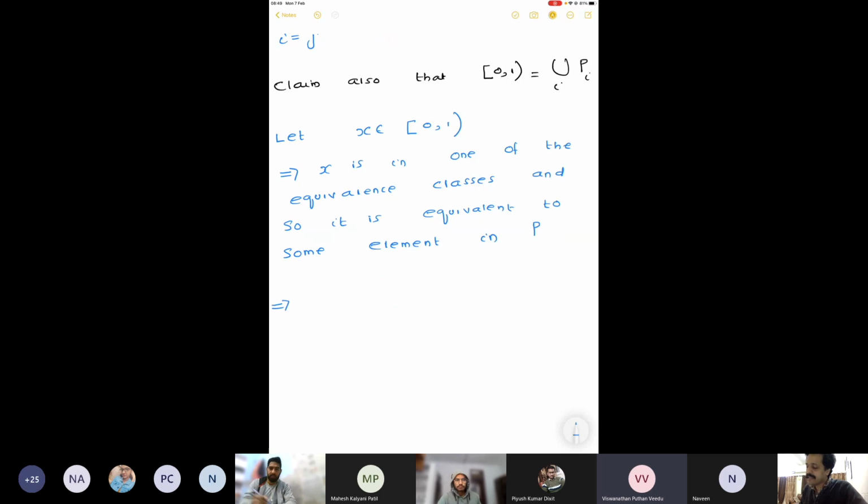Now, what is the meaning of saying x is equivalent to some element in P? How did you define equivalency? x minus y is a rational number. Therefore, x is equivalent to some element in P means x minus an element in P is a rational number. So x differs from an element in P by a rational number.